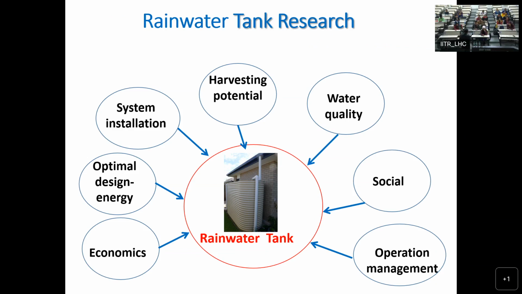rainfall pattern. Say for example, take another example: you are in an area where the rainfall every month is very significant. That is a very important aspect for rainwater tank system design. In areas where the rainfall is quite uniform, almost every month you are getting a similar amount of water.